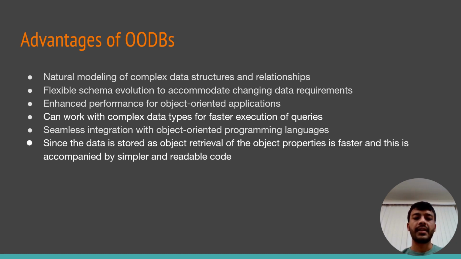Basically it provides natural modeling of complex data structures and relationships, flexible schema evolution to accommodate changing data requirements, enhanced performance for object-oriented applications, and can work with complex data types for faster execution of queries, and it can be seamlessly integrated with object-oriented programming languages.